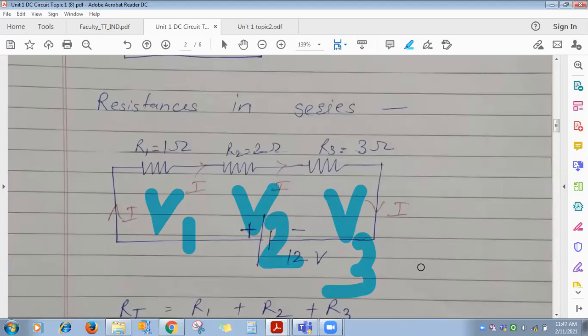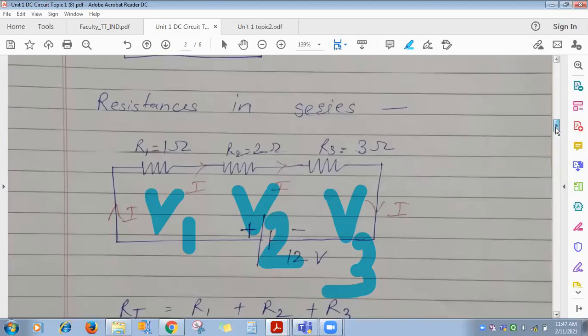So 1 into 2, 2 volt. What will it be across R2? 4 volt, correct. And across R3? 6 volt. Now add V1 plus V2 plus V3. How much will it be? 12 volt.